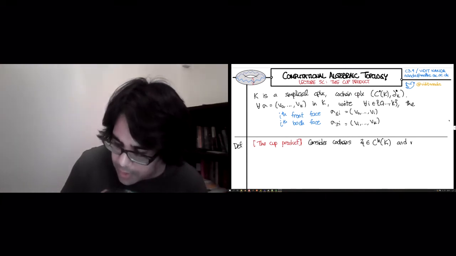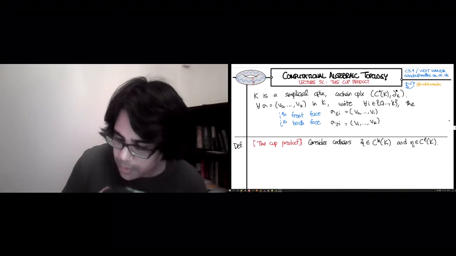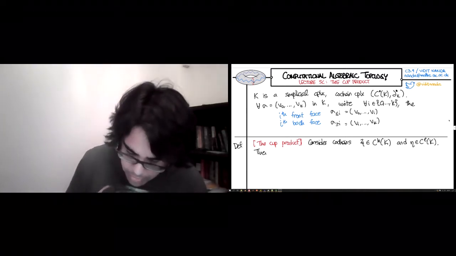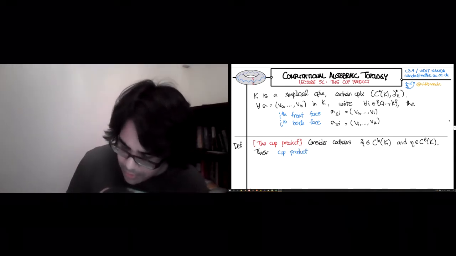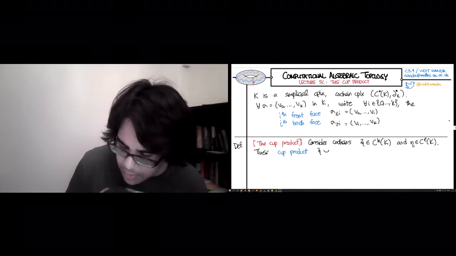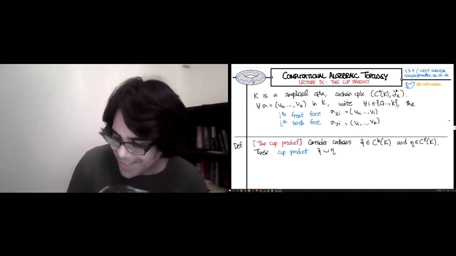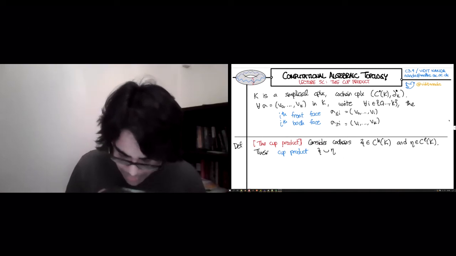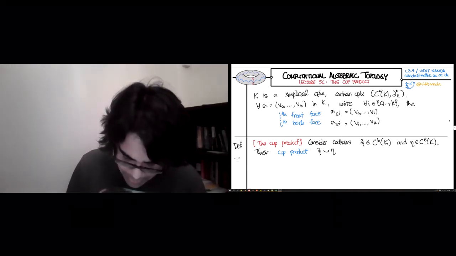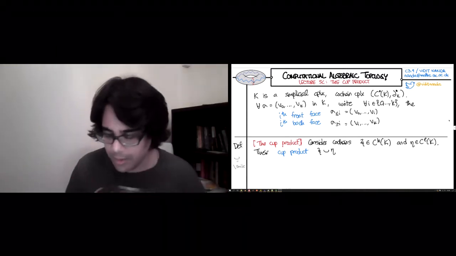And eta is going to be some l-dimensional cochain in the same complex. Their cup product, which we will write as xi cup eta. And in case you're wondering, that cup is not a union. So this cup is the LaTeX symbol \smile, so it's sort of wider.